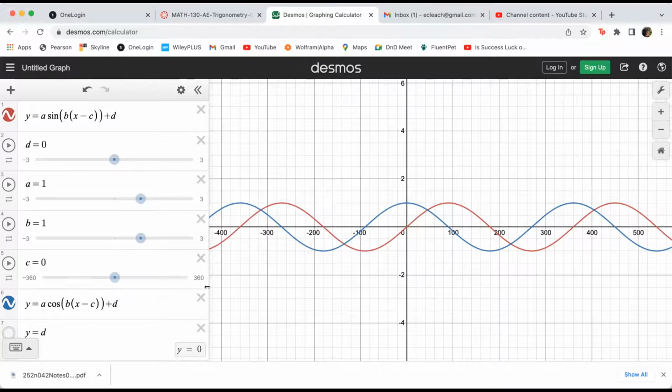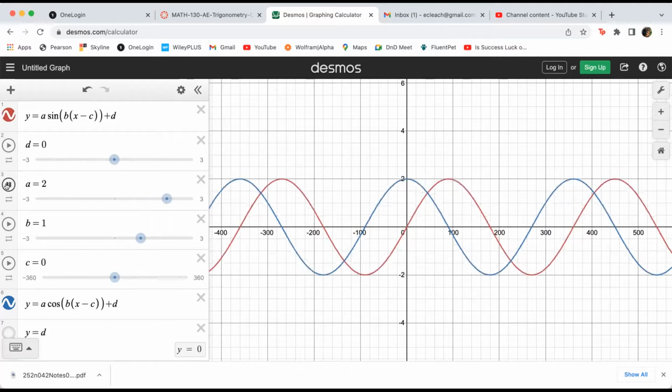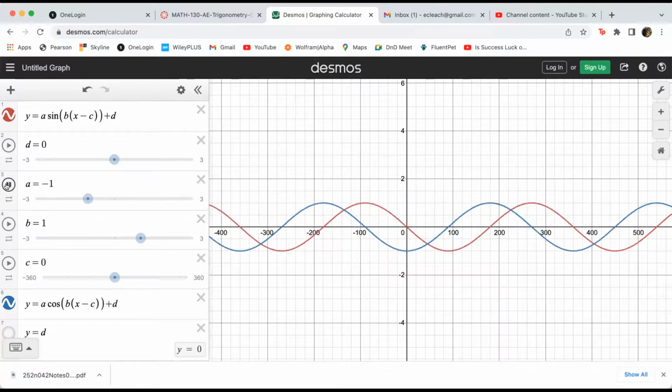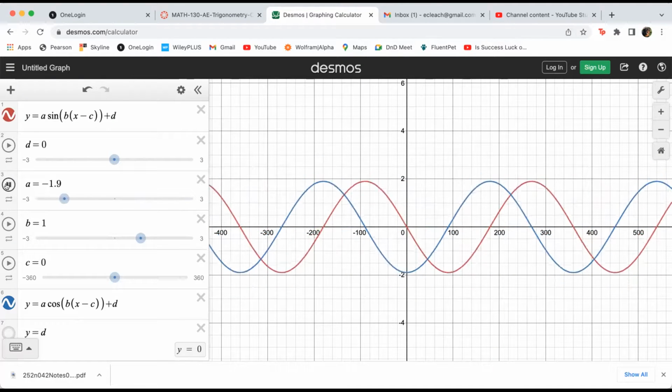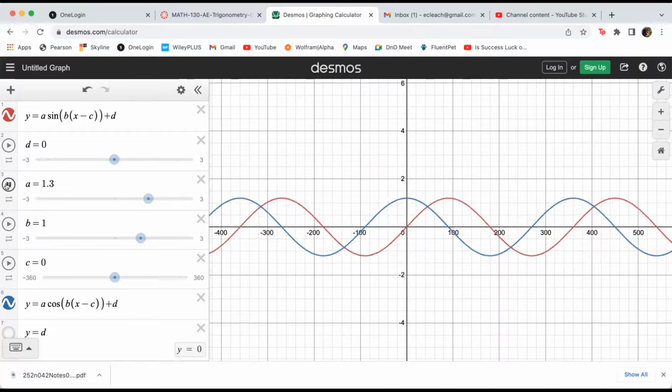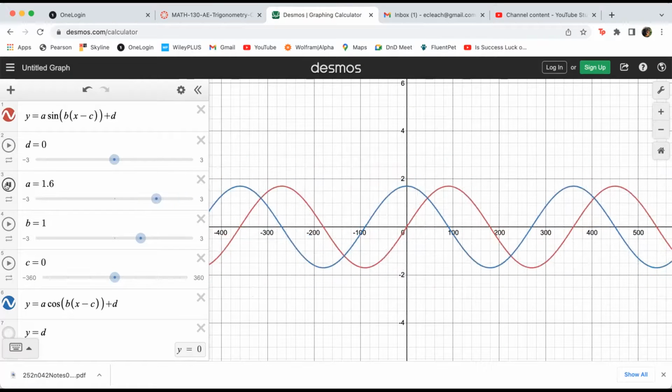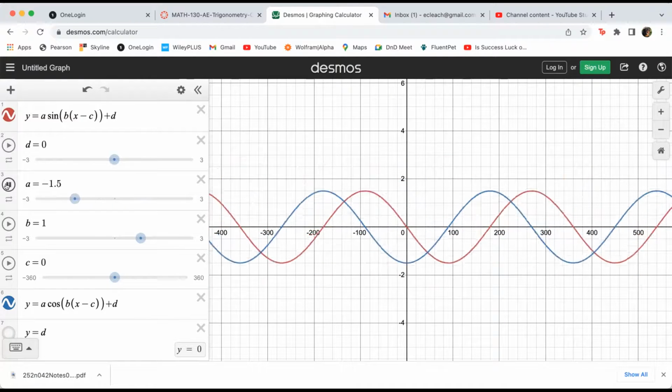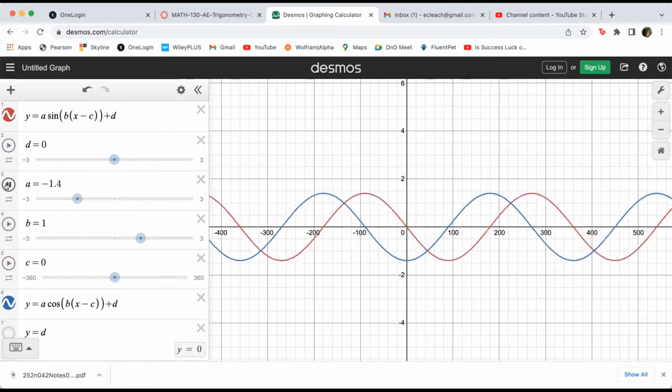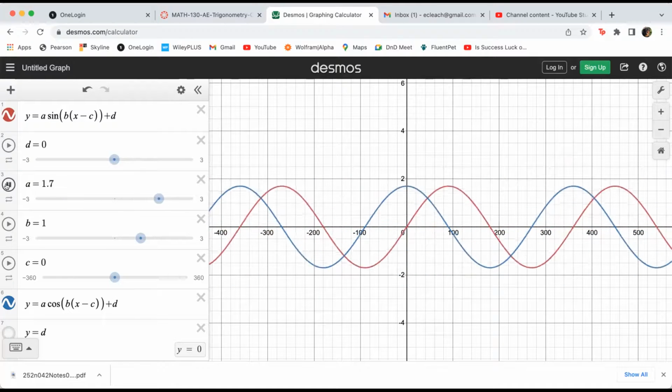So what we should see is a vertical stretch because a is multiplication after the trig function. So we can see this vertical stretch. We also see the graph seem to shift directions. When a gets to 0, it flattens out. And then we get a mirror on the other side for the negative values of a.